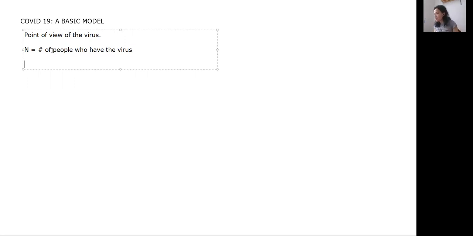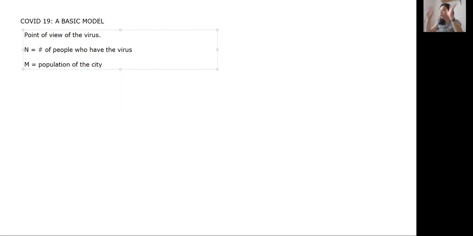And because this is a model for real life, I don't have infinitely many people that are available to have the virus. I have a certain amount that are available to me. So that means that I have a certain number of people that could be infected. So if I'm thinking about a city, maybe Montreal or Toronto or whatever you want to model, you have that M is going to be the population of the city.